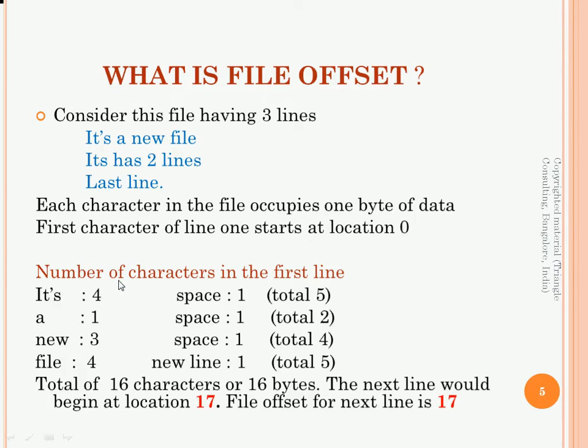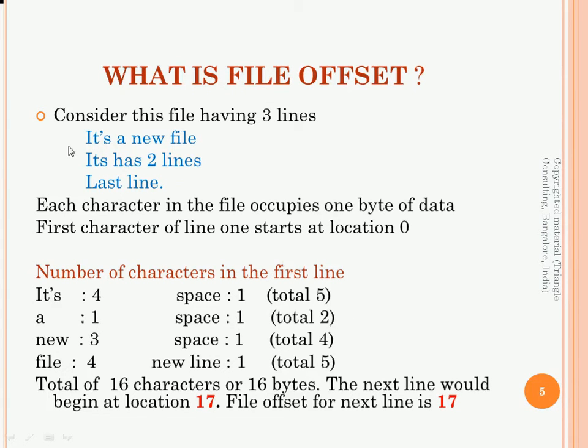So if you try counting the number of characters in the first line, "IT", the apostrophe, and "S" is 4 characters, and the space occupies 1 character, so it's followed by a space, a total of 5 characters. And the letter A occupies 1 character, followed by a space, a total of 2 characters.